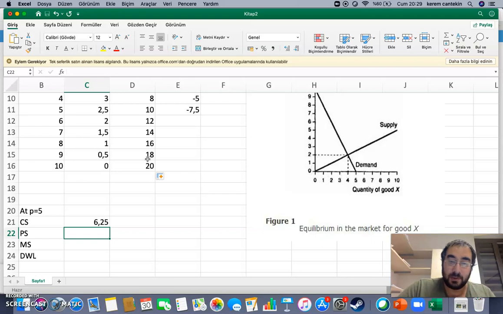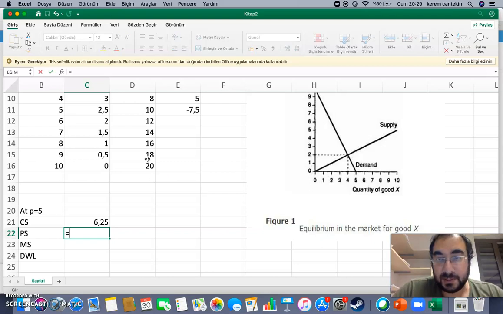So my producer surplus is 5 minus 1.25. This is a triangle here. This is the rectangle.